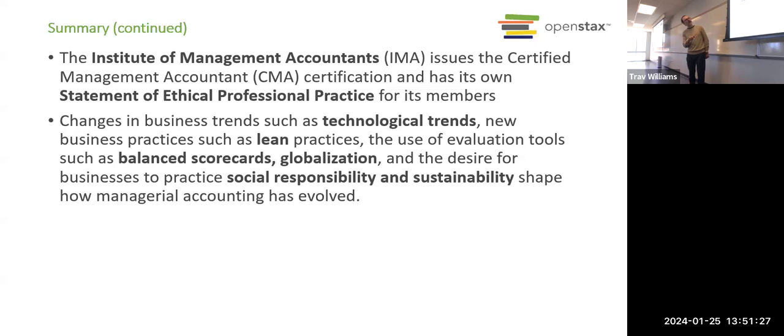We looked at different trends in technology like ERP systems and automation, lean management and manufacturing, the balanced scorecard where you take a more holistic view of the company, the impacts of globalization, social responsibility, and sustainability. And these are many of the topics that we'll get into more detail on throughout the semester.